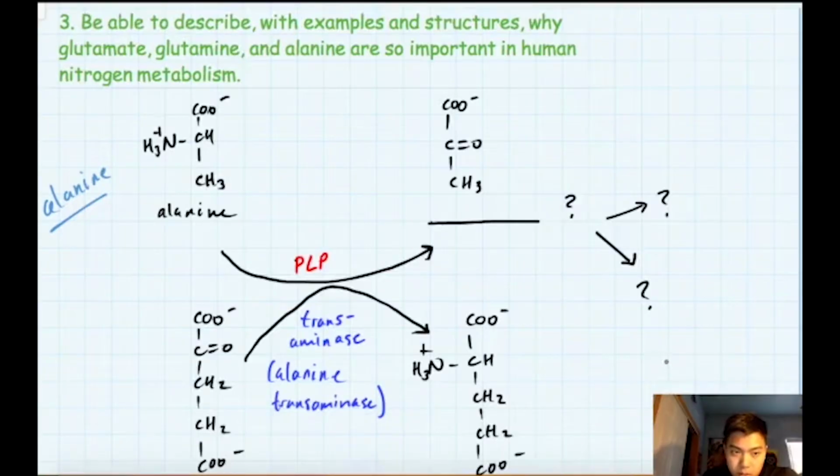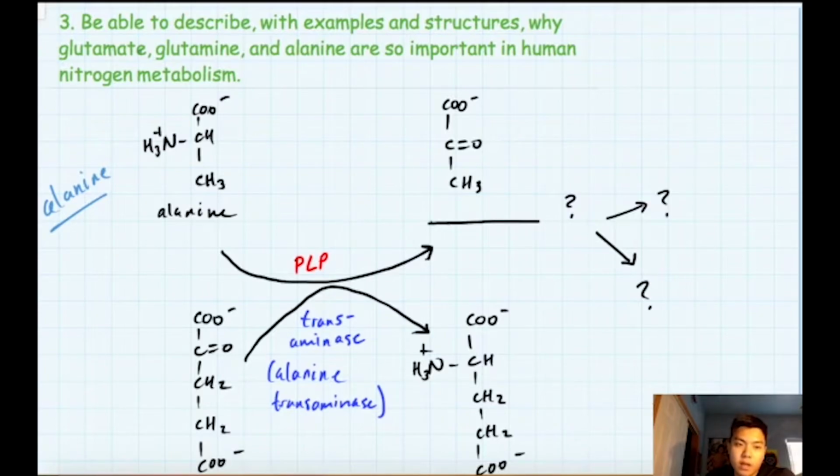All right, so objective 3, be able to describe with examples and structures why glutamate, glutamine, and alanine are so important in human nitrogen metabolism. So this is once again kind of going back to the threat of using protein as an energy source, and that's amino groups.